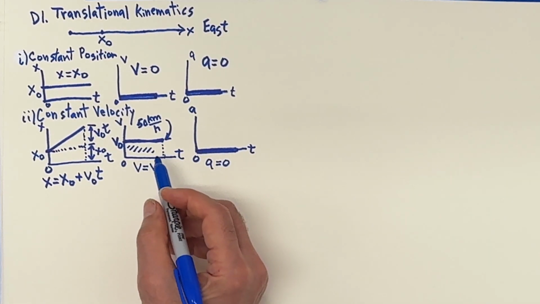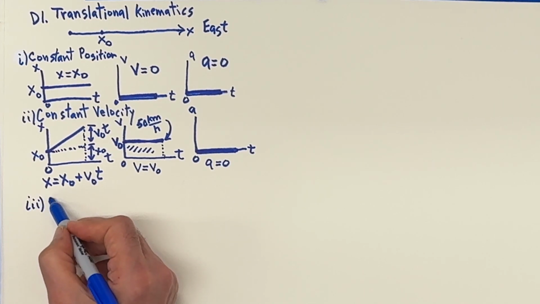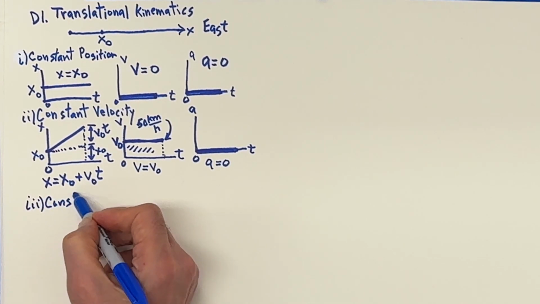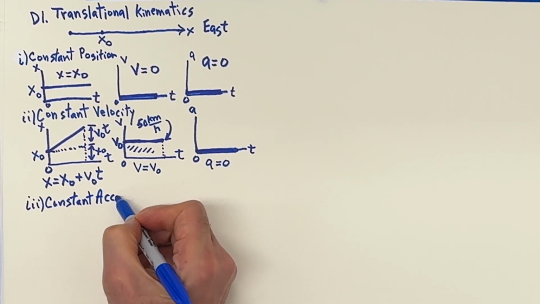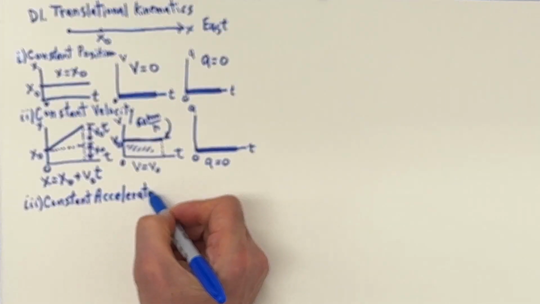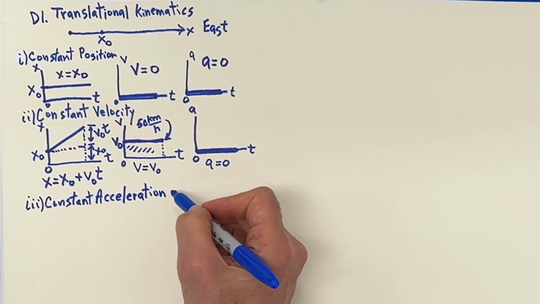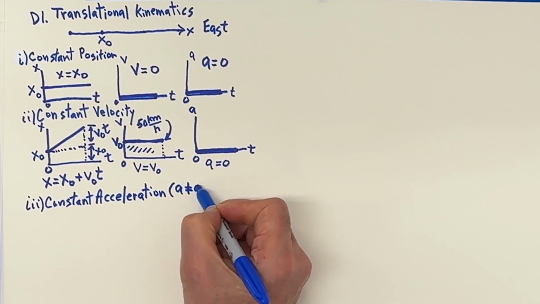All right, so we want to consider the more general case where we have constant acceleration. Well, you might say, we had constant acceleration in those two cases, but now the acceleration is not equal to 0.